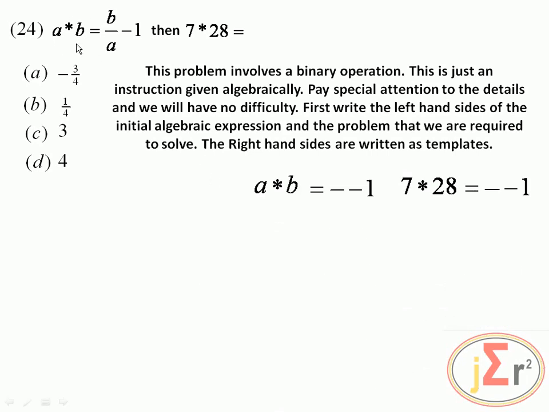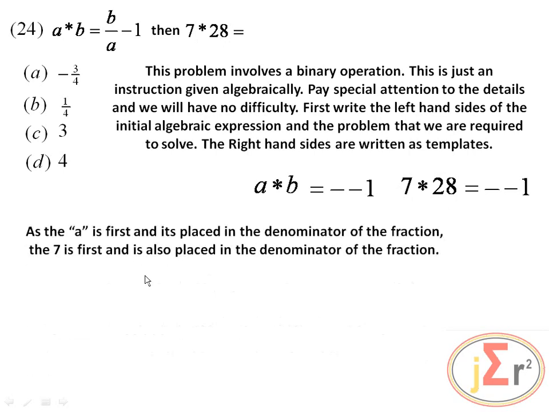That is the left-hand side of the statement of the problem, and we have the left-hand side of our proposed solution. As the a is first and is placed in the denominator of the fraction, the 7 is first and is also placed in the denominator of the fraction.